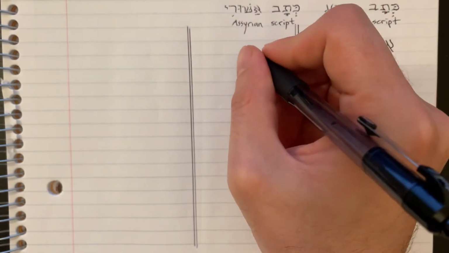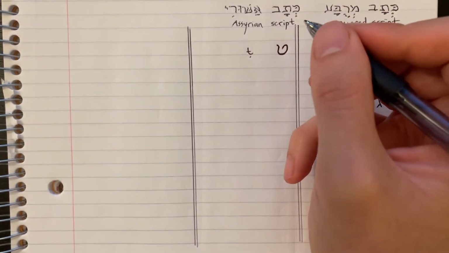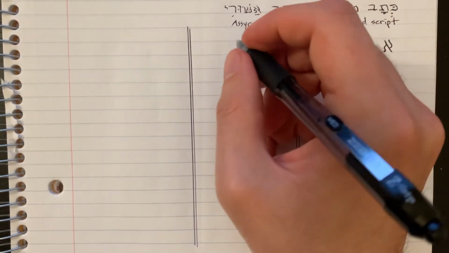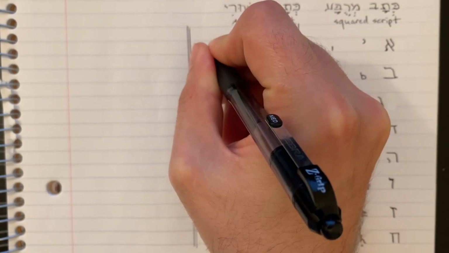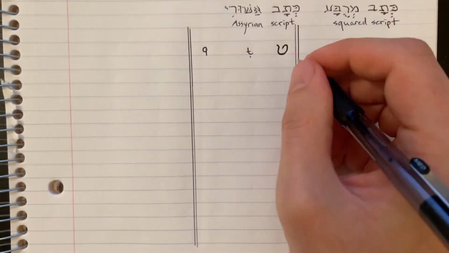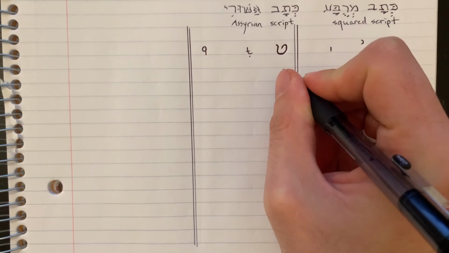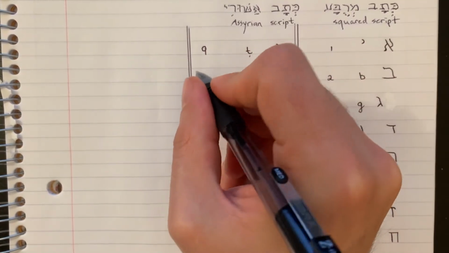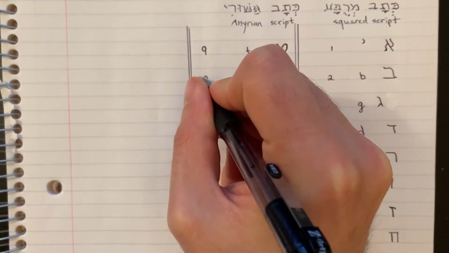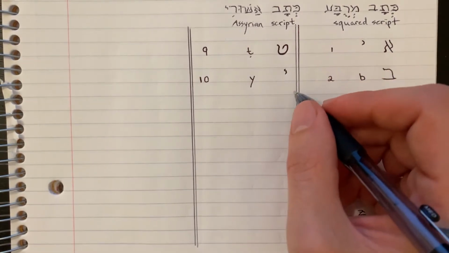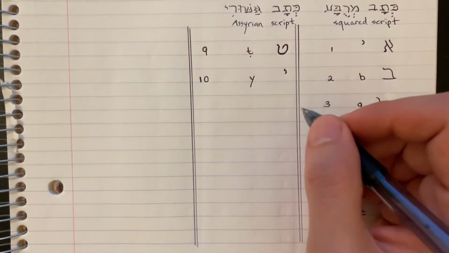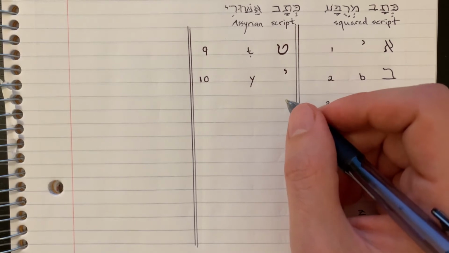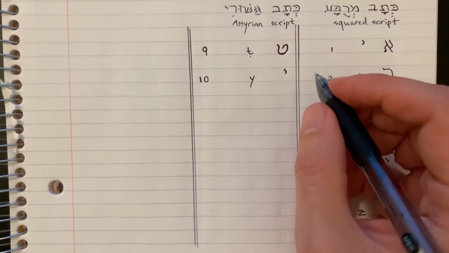Historically, it's an emphatic T. It's Tet, but they don't pronounce it that way anymore. It's just Tet. Number 9. Next is Yod, which is the smallest letter, and it's Y, and it's number 10. Yod. Sometimes this will act as a vowel or be silent, and I'll explain that as we go.